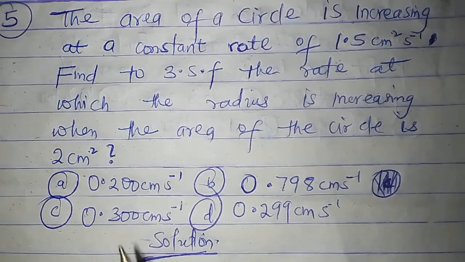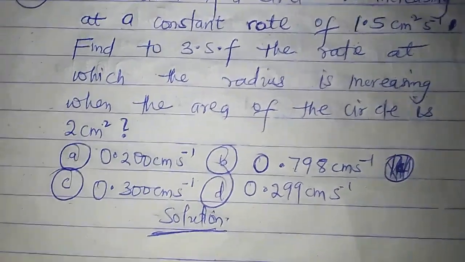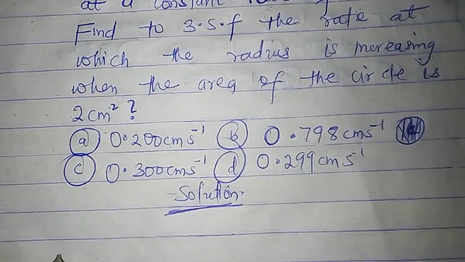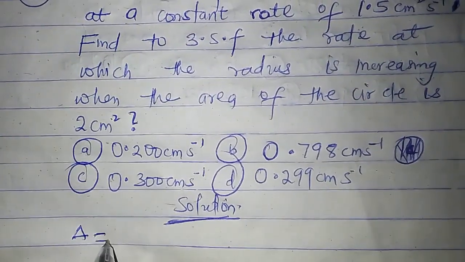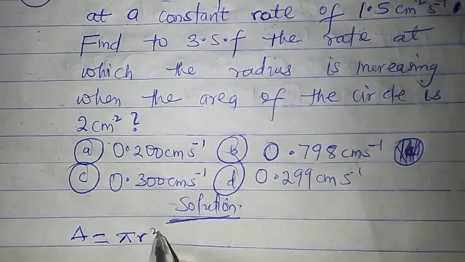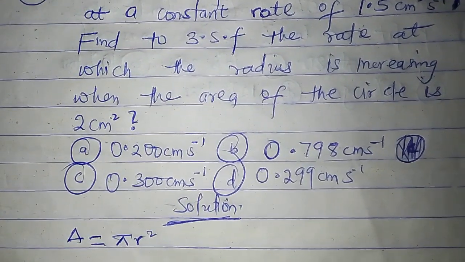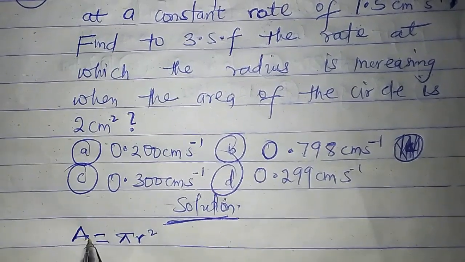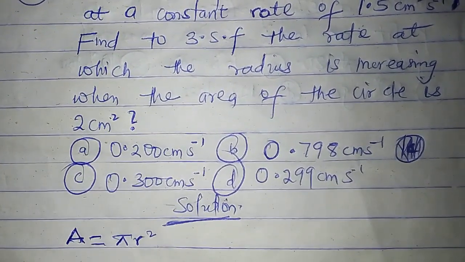Now, the area of a circle is increasing at this rate. So what is the area of a circle first of all? The area of a circle is equal to pi r squared. So to determine the rate of increase, I will differentiate A with respect to t and differentiate this other side with respect to t.